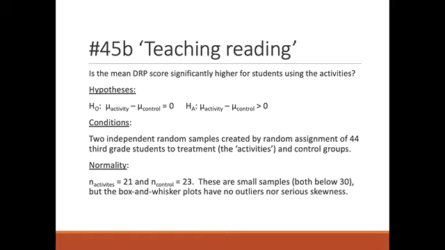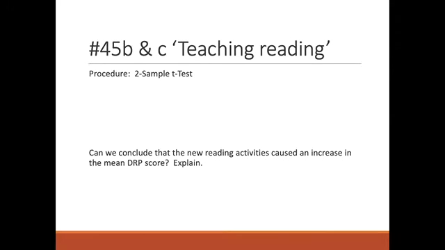That's why in Part A, it's important that you had graphical representations of the data, because we can say that in the box and whisker plots, we don't see outliers and we don't see any serious skewness. So because of that, even though the sample sizes are small, with no outliers and no serious skewness in either sample, the normality condition is met and we can proceed with our two-sample t-test.